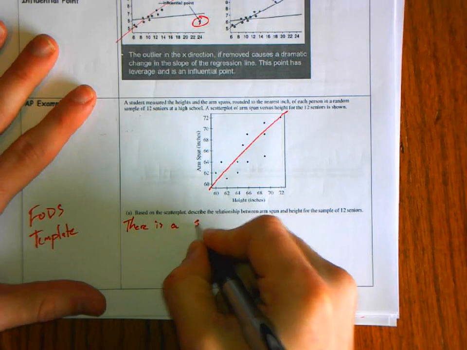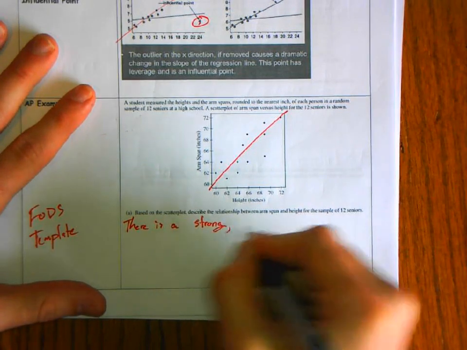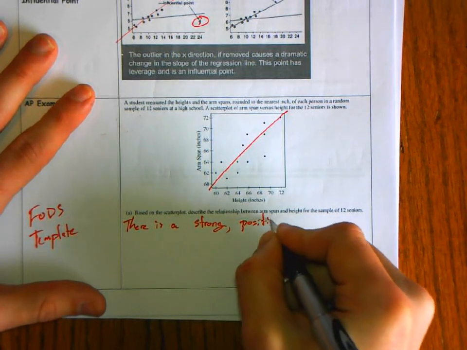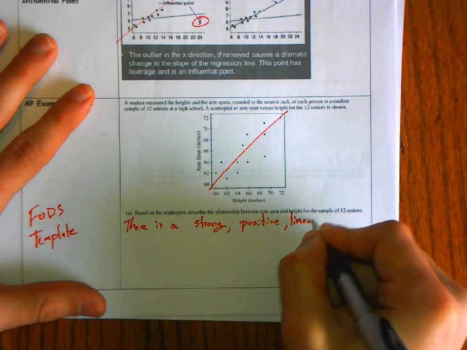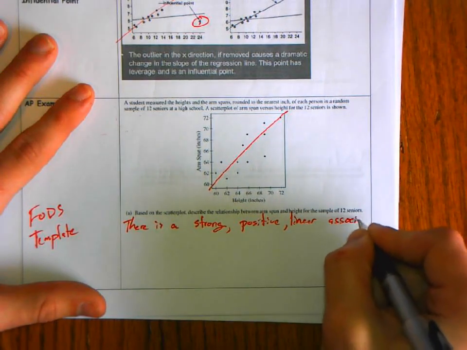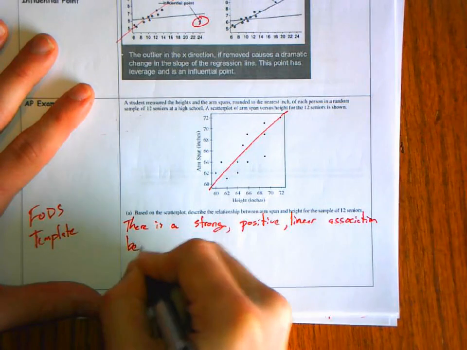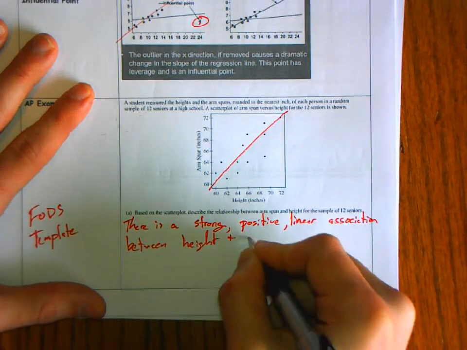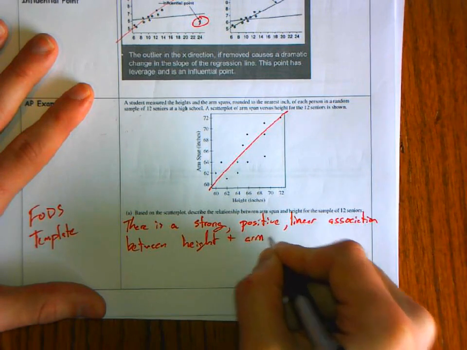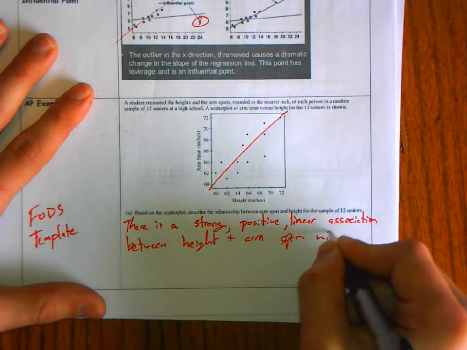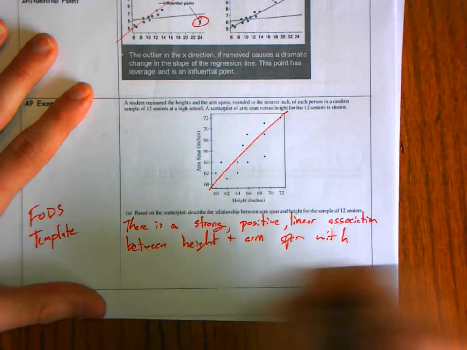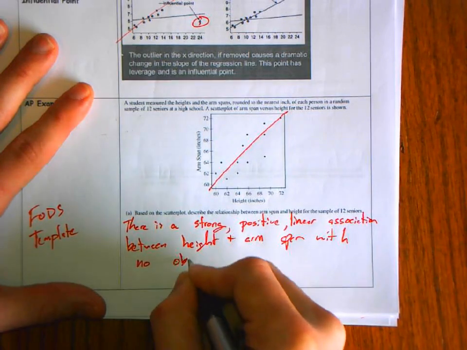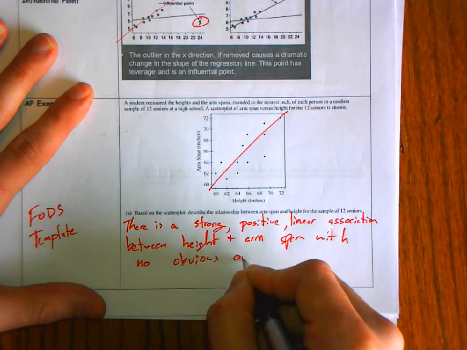Fit a line to that. I'd say there's a pretty strong, positive, goes up, linear association between height and arm span with no obvious outliers.